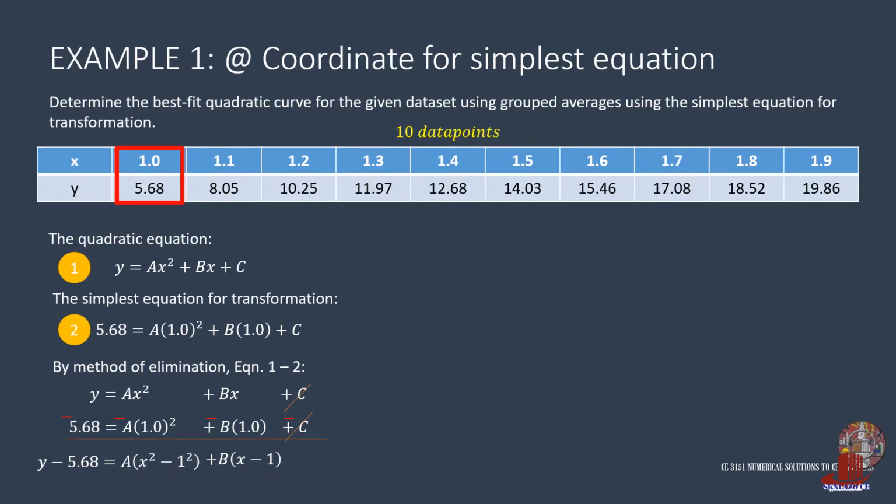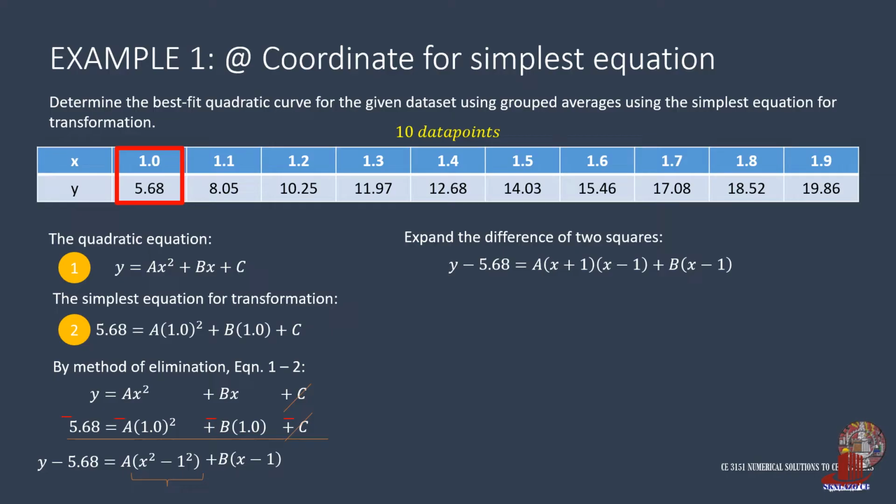From the resulting equation, the quantity with a is the difference of two squares, which is to be expanded. The expansion then makes the equation into y minus 5.68 equals a times x plus 1 and x minus 1, plus b times x minus 1.